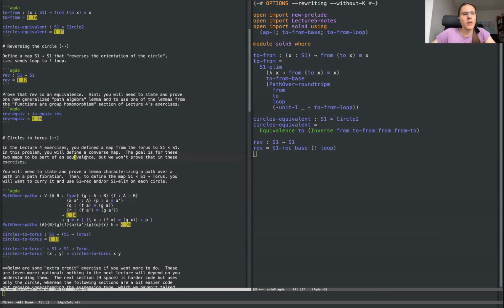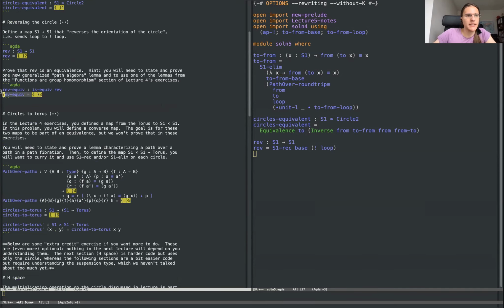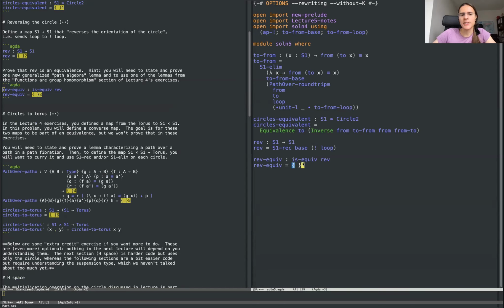And what we want to show is it's an equivalence. And what should the inverse of this map be? Itself, yeah.